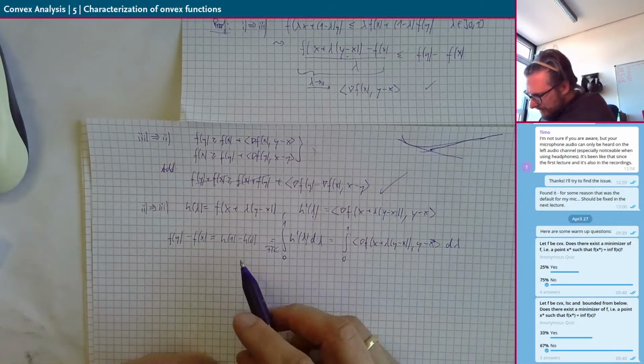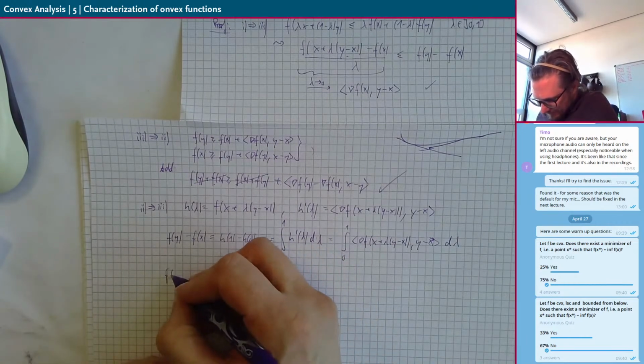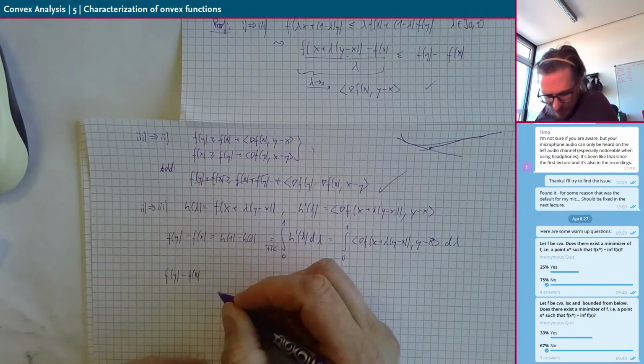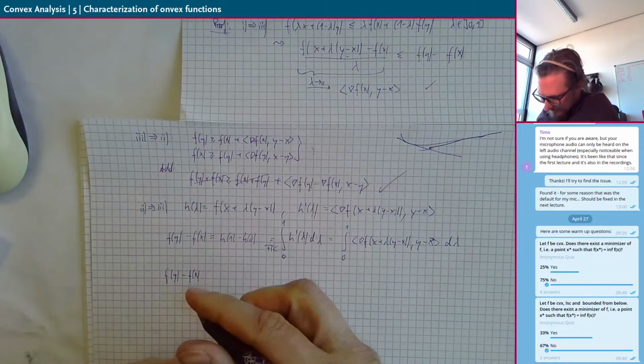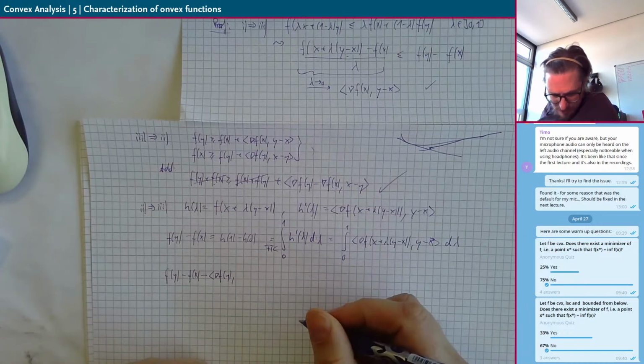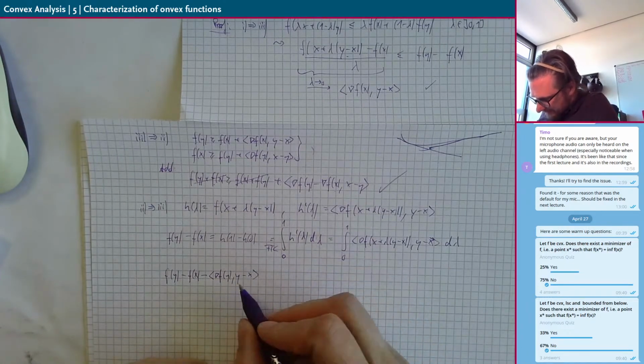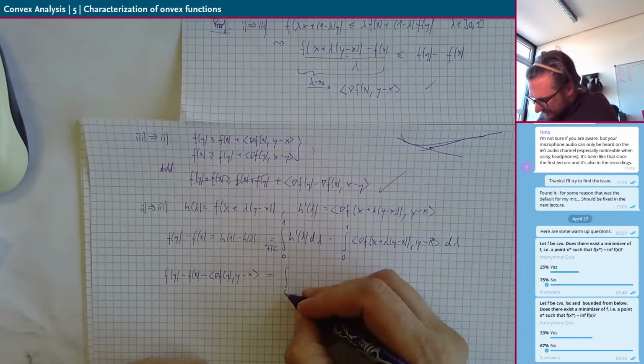So what we do is we subtract, so we copy that here. And what we're going to subtract is gradient f of y times y minus x on both sides. So this is here and here.